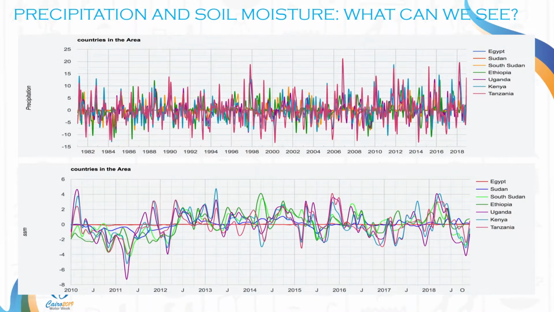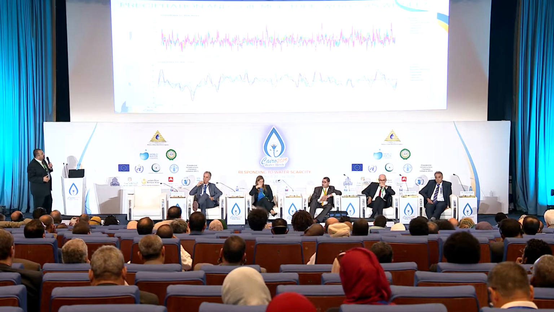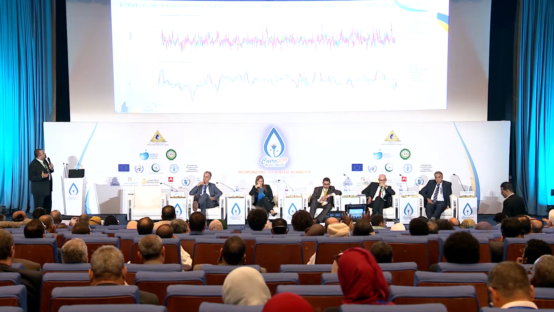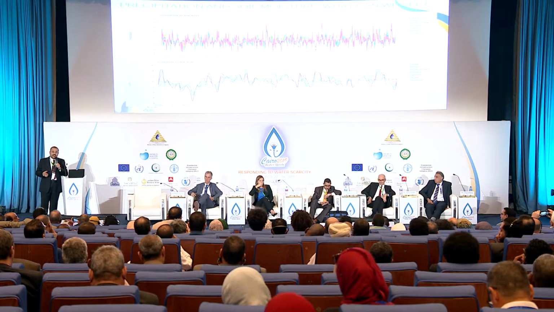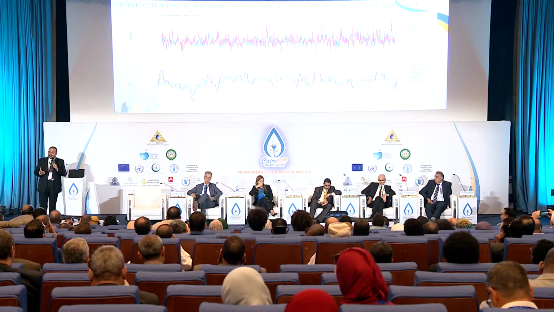Looking into data, what we are observing here is precipitation data and soil moisture data over the whole Nile Basin countries, all of them, and you can see there are a lot of processes, a lot of noise present in the data. If you take a look at a time series like this, I think the only thing that a very well-experienced eye will be able to highlight is maybe one cycle, one frequency, maybe seasonality.